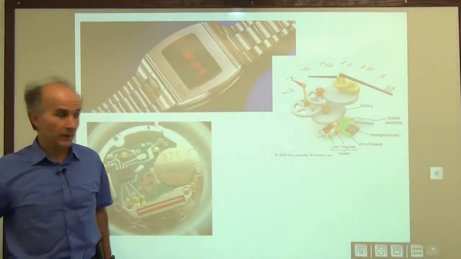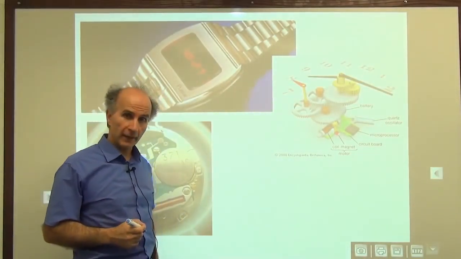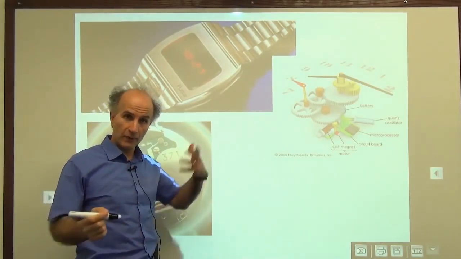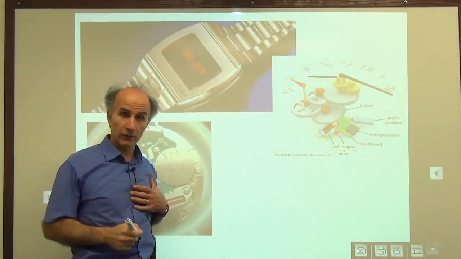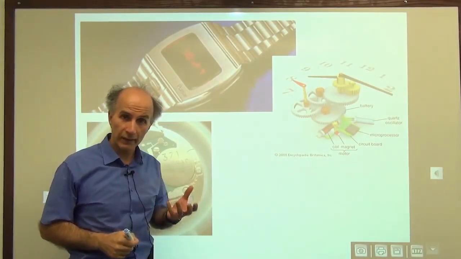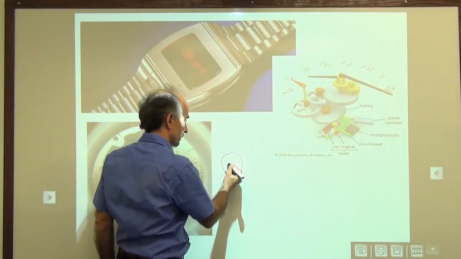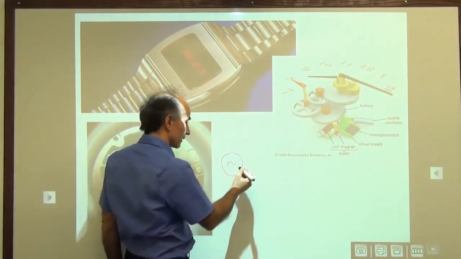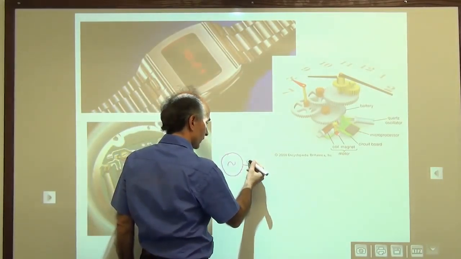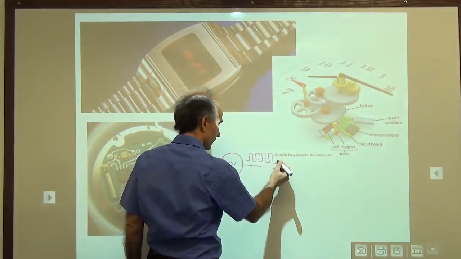All right, so the way we do this is that we start out with a crystal oscillator. We've seen examples of oscillator usage. An oscillator is a circuit that generates a periodic output. So here's an oscillator. This is the symbol for an oscillator. And what it does, it generates a periodic output. It could be a square wave or sine wave or whatever you want.